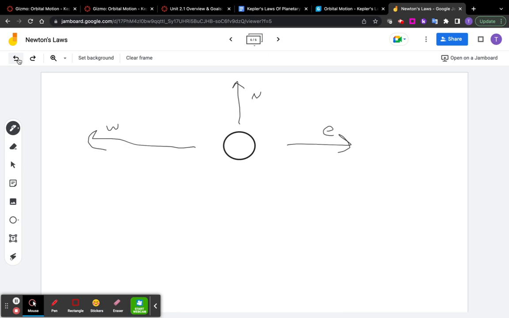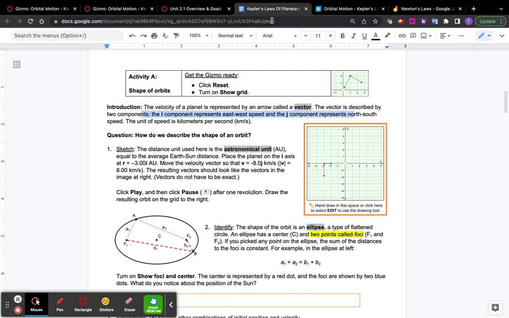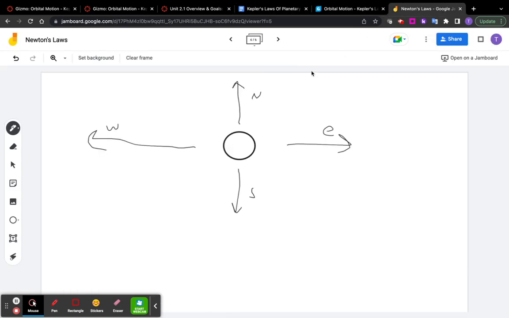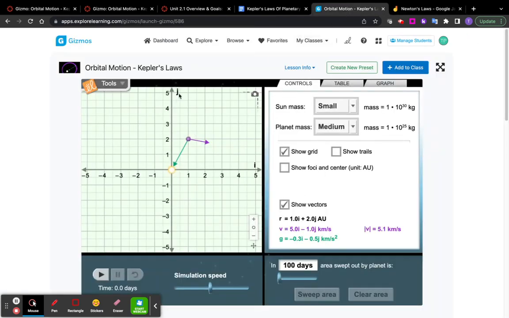Now, in order to track this, to measure it, to quantify it, we just have to agree on a couple of terms. This Gizmo is telling us that the I component is east to west. So if a planet is going to go either to the west or east, they're calling that I. And if it's going north to south, that's going to be J. Now notice, let's observe, on the simulation, the J component, north to south, is on the y-axis.